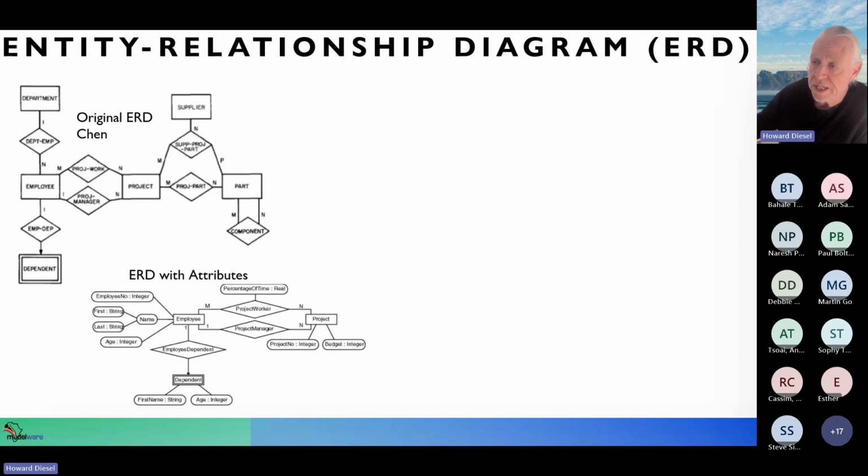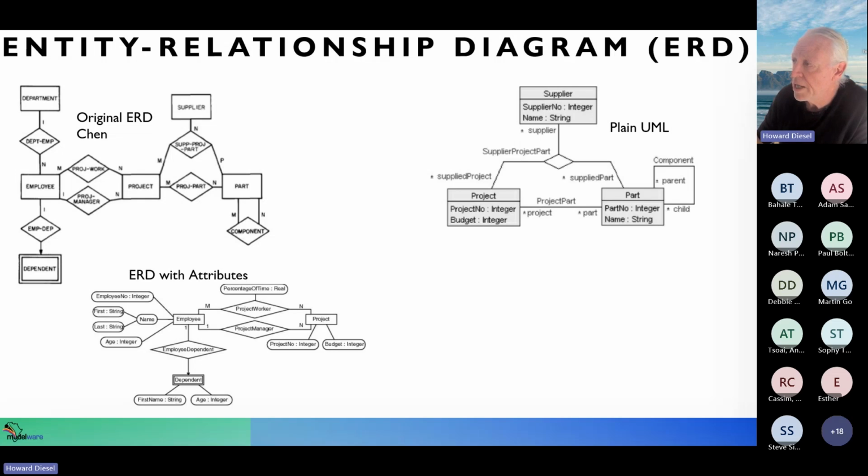Now, when you extend the Chen diagram with attributes, can you see here that they actually show you a representation of all of the attributes plus the type of attribute? Okay, so there we go. Now we've got it extended with attributes, which we would now know as a logical model, or DMBOK refers to this as a logical model. Then along came the UML. This is plain UML. We also sort of understand this.